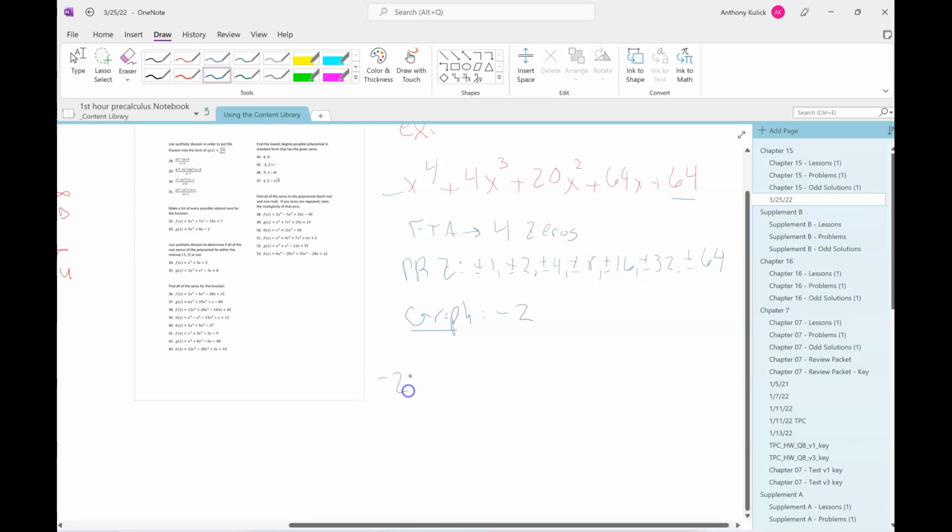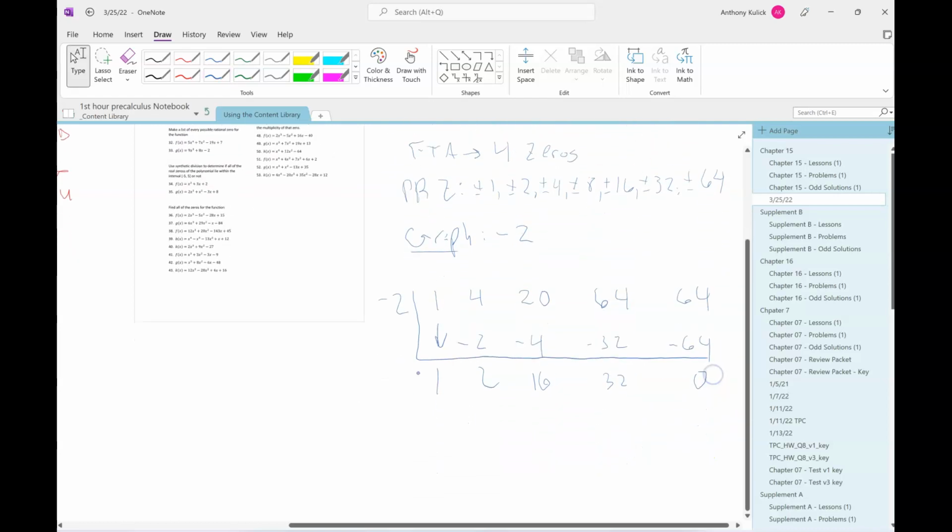So far, so good? And you see the fact that if there's a multiplicity, like we know there's a multiplicity going on in this problem, it doesn't really affect what we're doing too much. You just have to remember to make sure that when we do our synthetic division here, I'm going to use -2 at least twice, right?